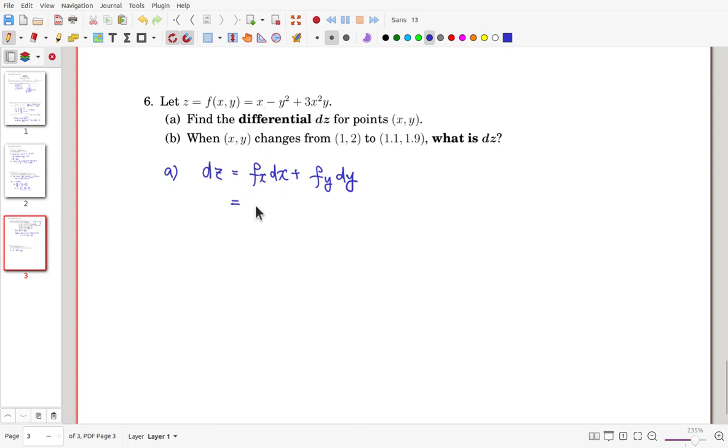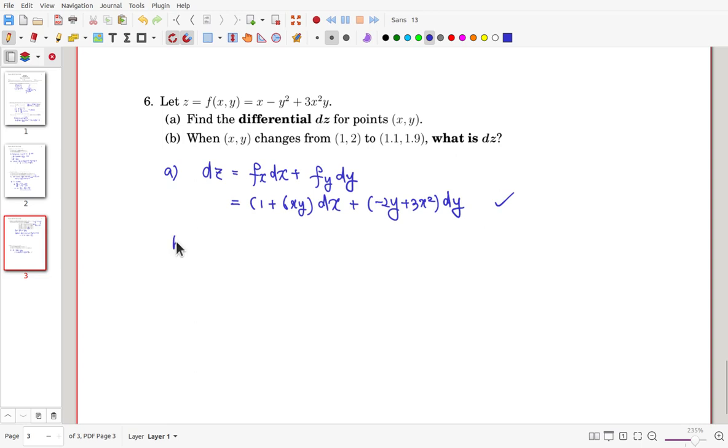The x derivative, which is 1, this will disappear, plus 6xy dx, and plus f sub y, minus 2y, the y derivative, plus 3x squared dy. That's it for part A.